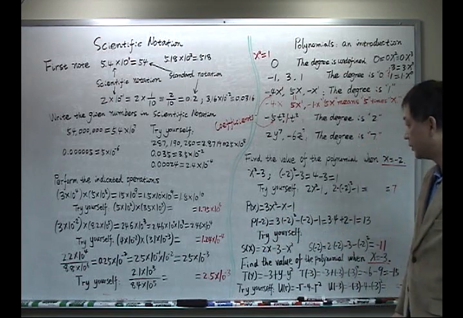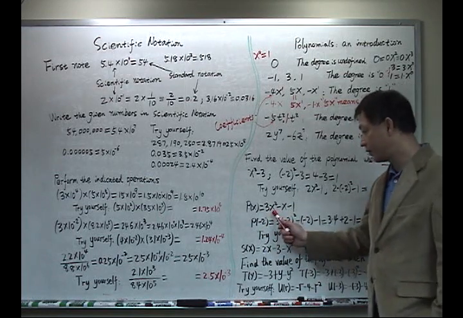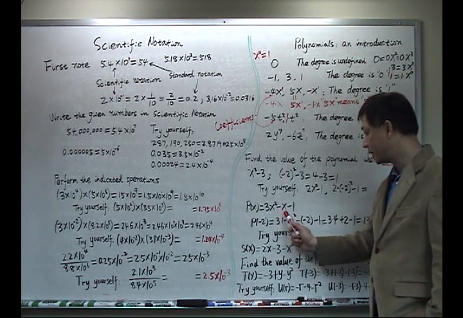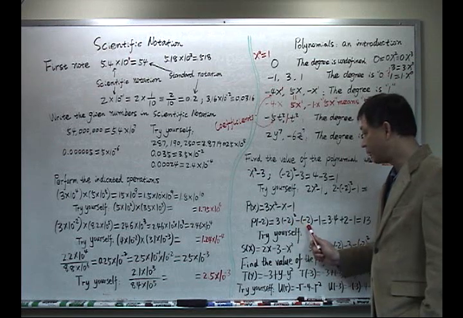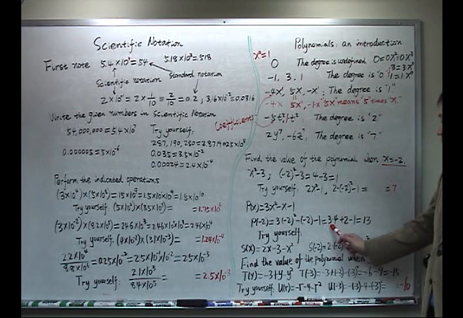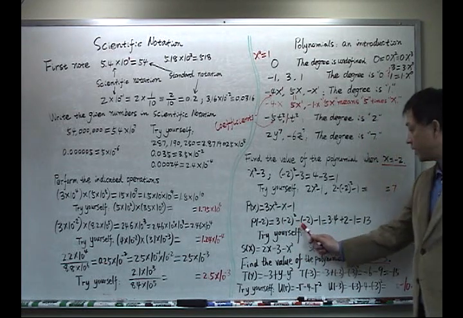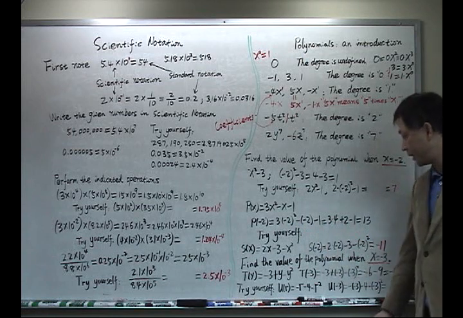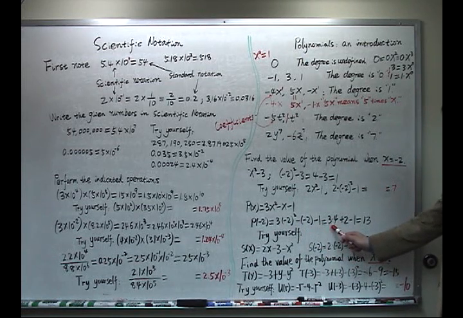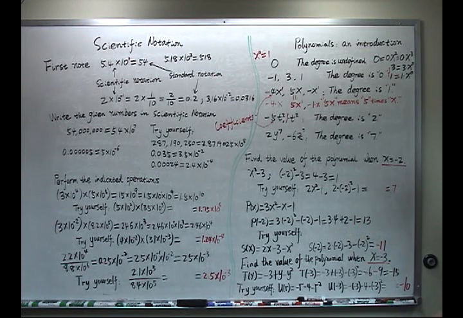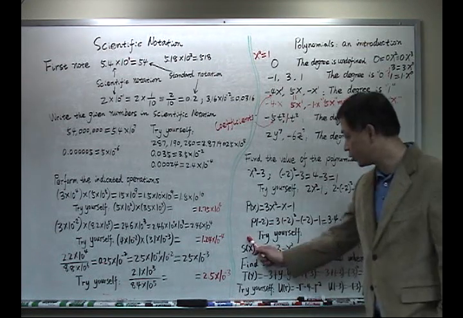Replace x with negative 2. So where there was x, now put in negative 2. 3 times negative 2 squared is 3 times 4. Minus negative 2 is positive 2, minus 1. Copy it. So 3 times 4 gives us 12, plus 2 is 14, minus 1. So we have 13. Now try this one yourself.